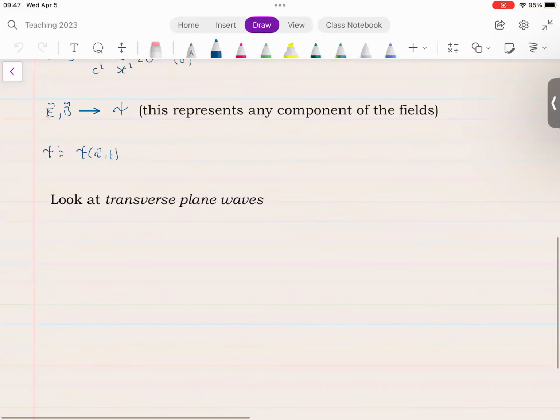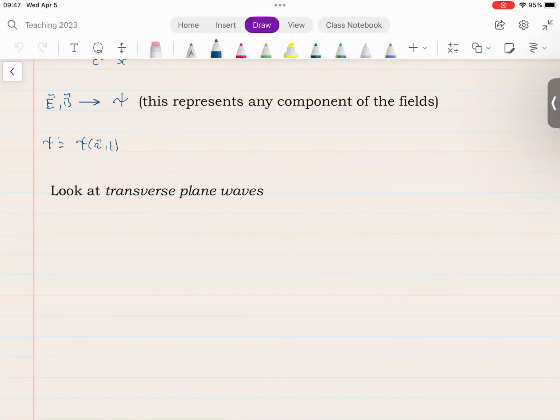For transverse plane waves, both E and B are on a plane that is perpendicular to the propagation direction, and only depend on the perpendicular distance from the origin to this plane, and of course on time.